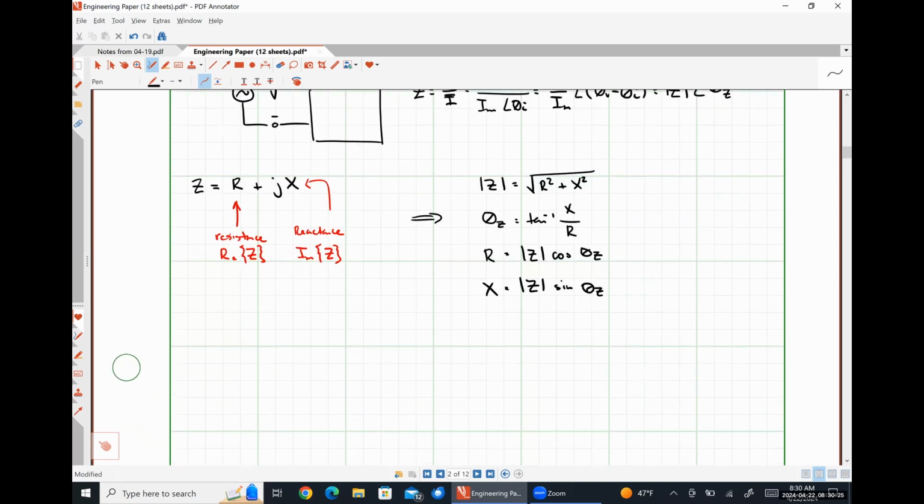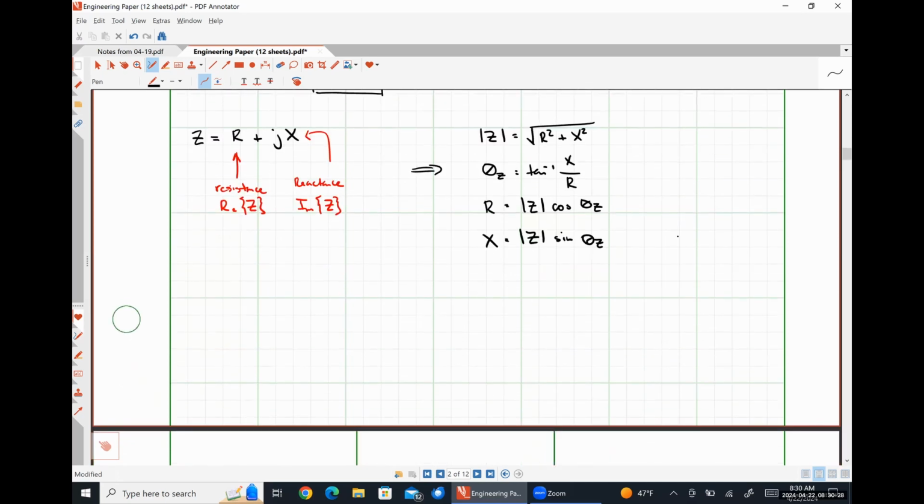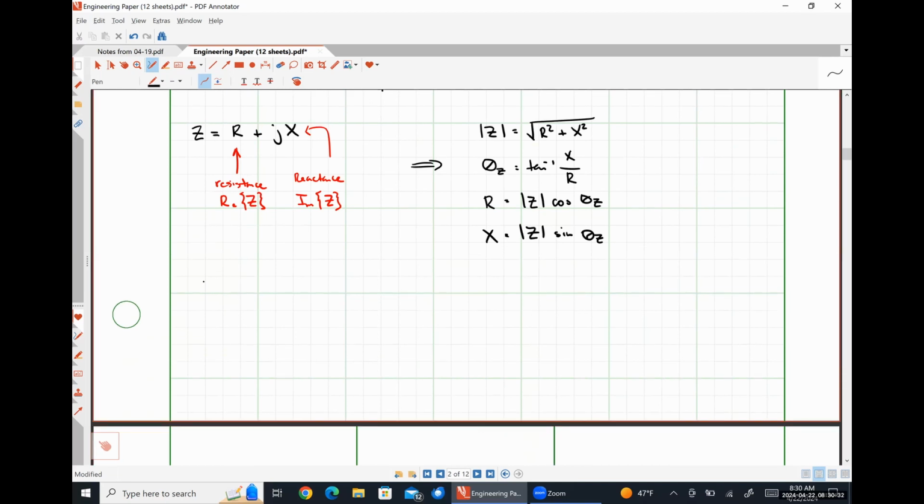So if we looked at a resistance, the impedance of a resistance is just the ratio of phasor voltage V to phasor current I, and that simply comes out to be the resistance value R, right?